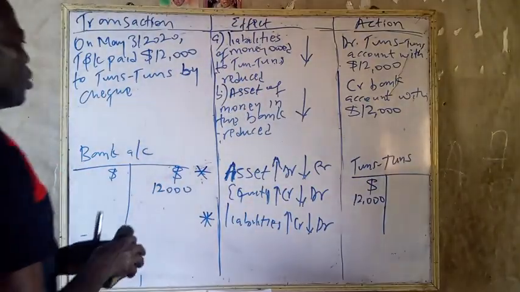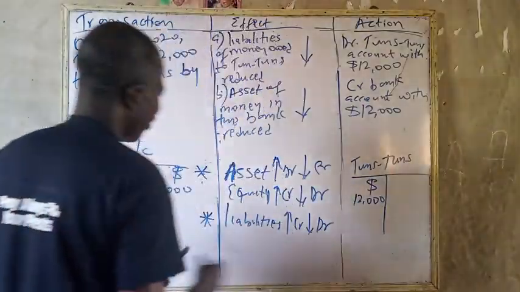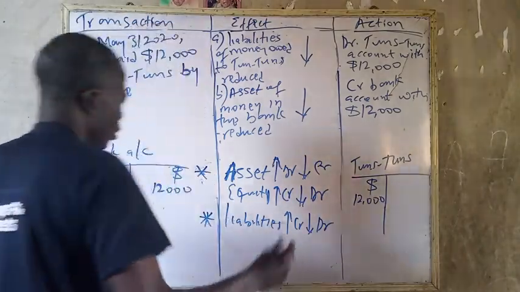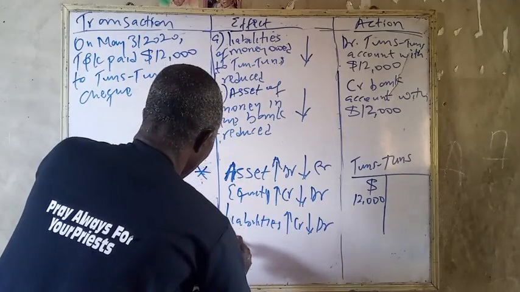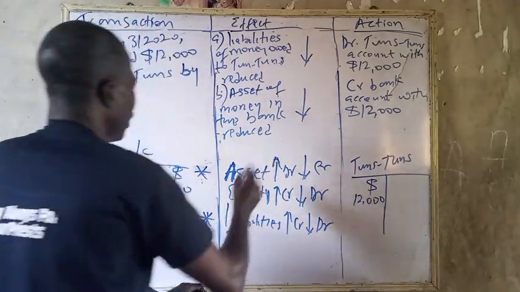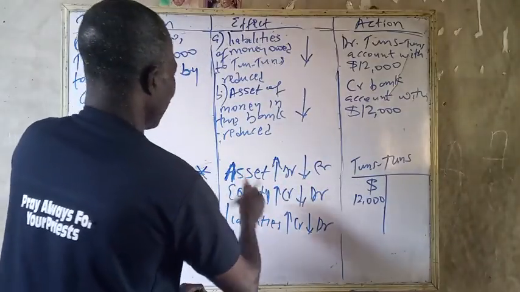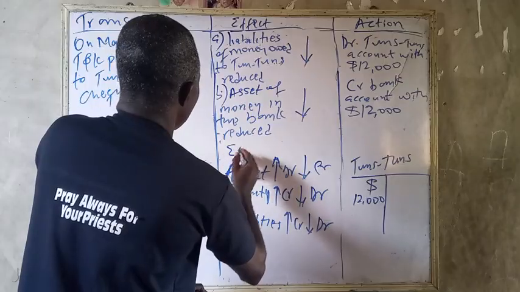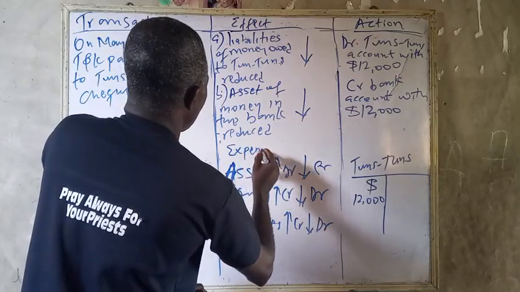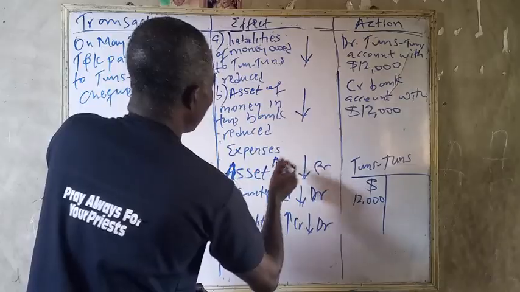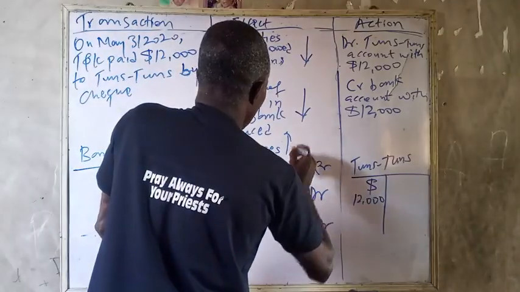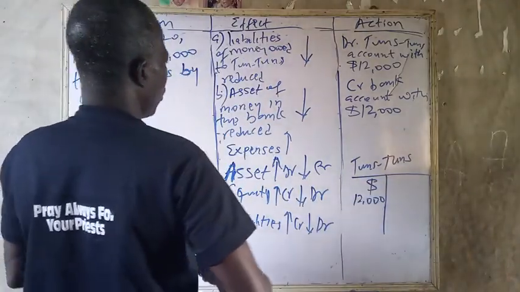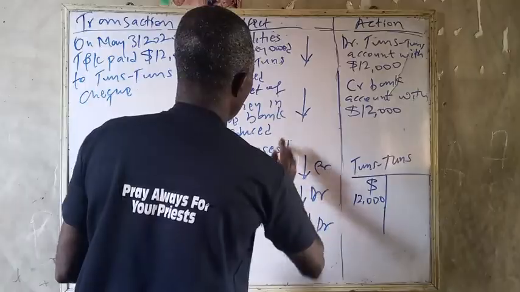Okay, let me now increase the order. Here I made mention of expenses. Let me put expenses here because it goes together. Expenses. When expenses increase, what do you do?